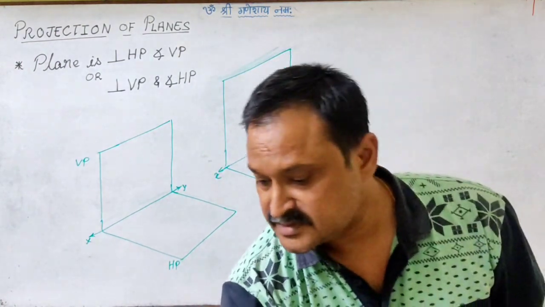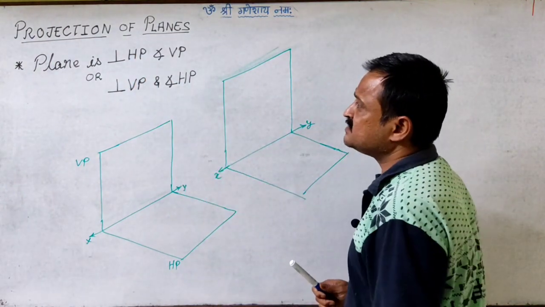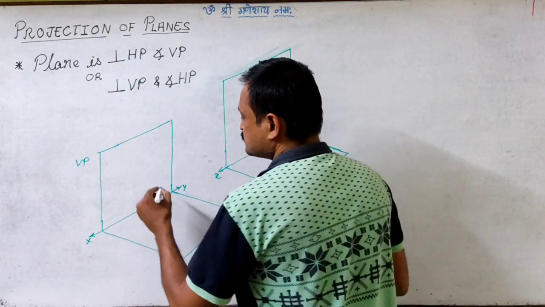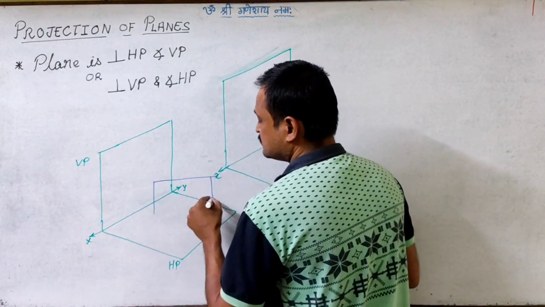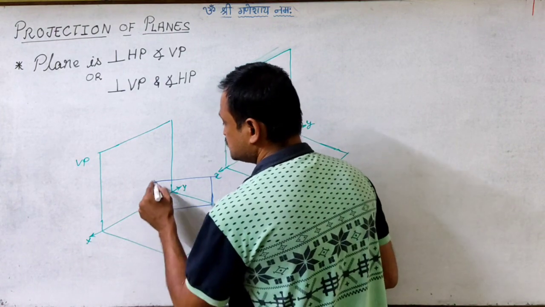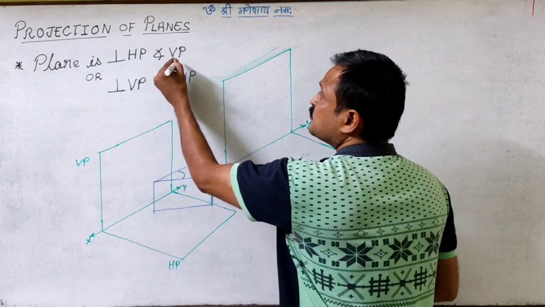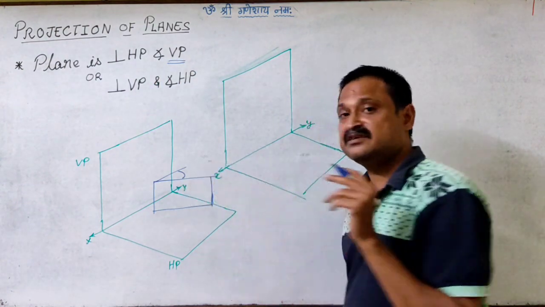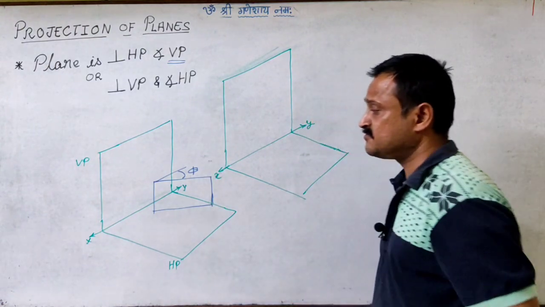So say for this condition, the plane is perpendicular to HP, so maybe it is placed in this fashion and it is kept this way, where it is inclined to VP, and the true inclination with VP is called phi.